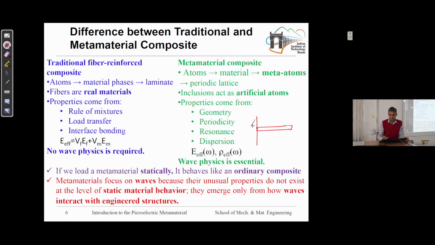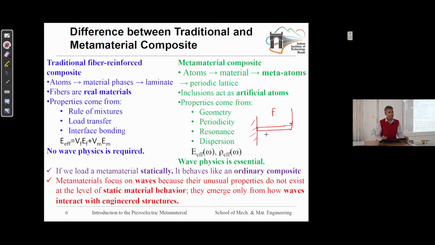Okay, so suppose this is a cantilever beam. If you apply a load, say F, suppose this load is a static or constant load. Then this metamaterial acts just like a traditional composite material, because in that case we do not have any omega.